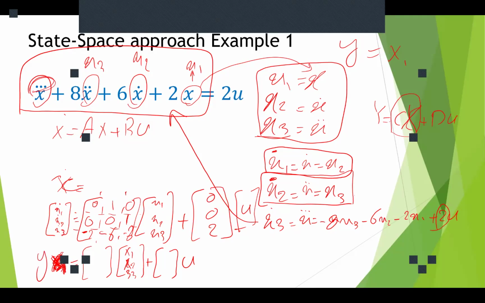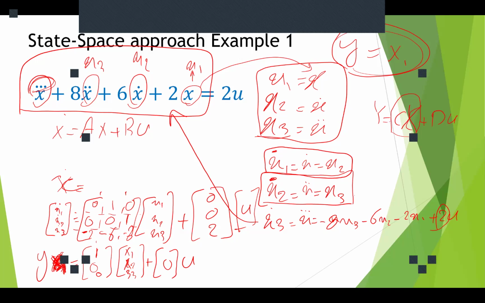Our y is going to be equal to x1. So what is going to be these coefficients of matrix in this equation? The multiplication of x1 is 1. What about x2? 0. Same goes for x3. Do we have u in it? 0.